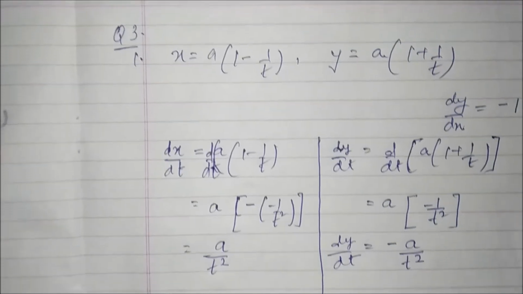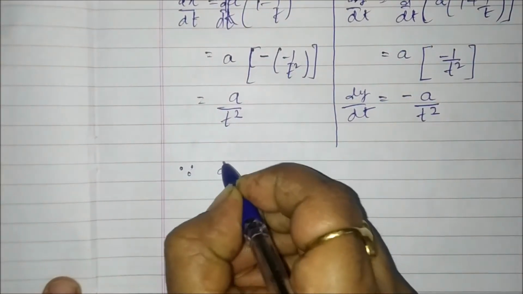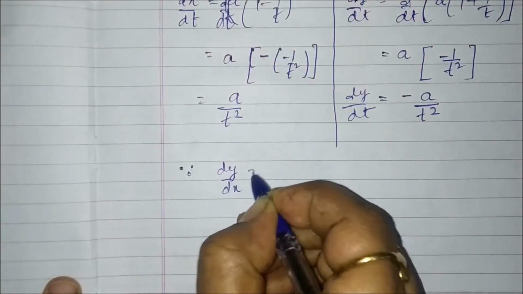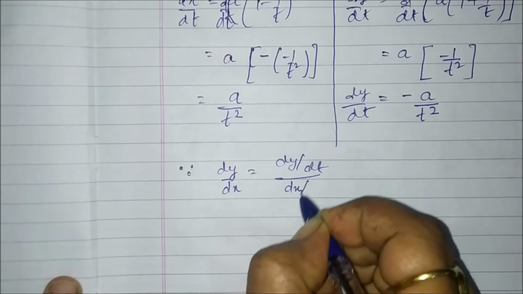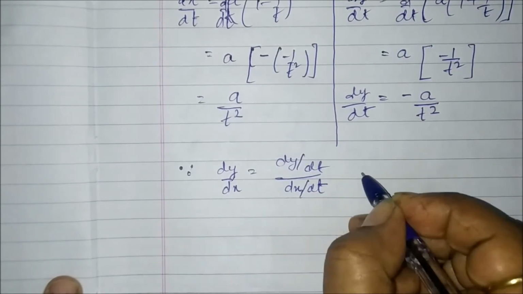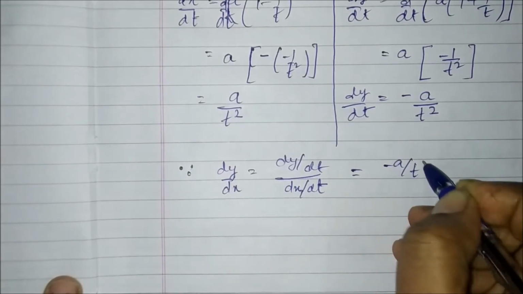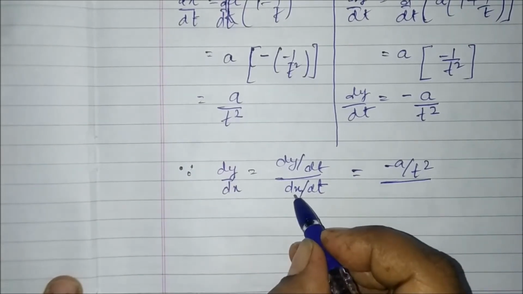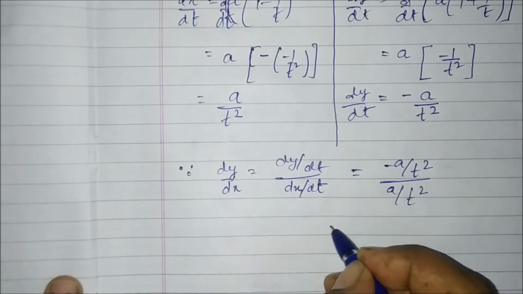Now since dy by dx is equal to dy by dt upon dx by dt, put the values. dy by dt is minus a upon t square, upon dx by dt which is a upon t square.